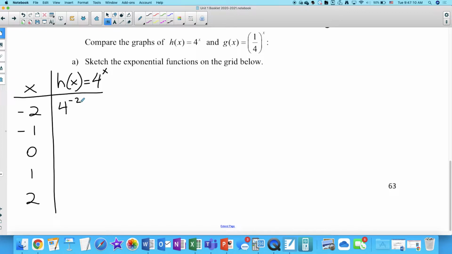We're dealing with a negative exponent here. How would we figure out the value of that? If it's negative in the numerator, it becomes positive in the denominator. So this is 1 over 4 squared, which is 1/16.